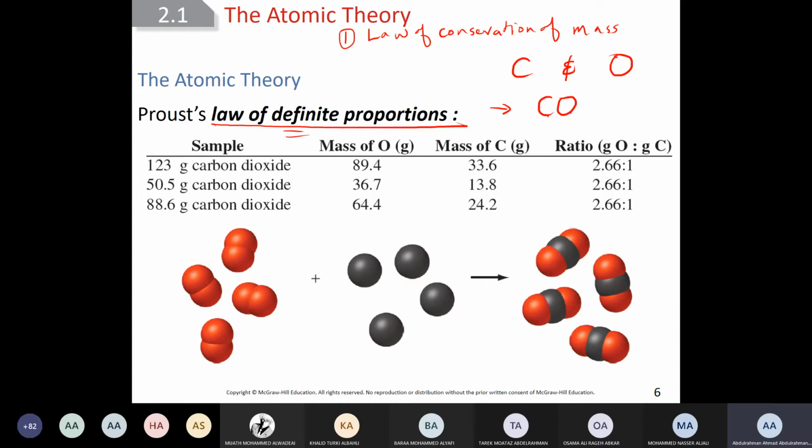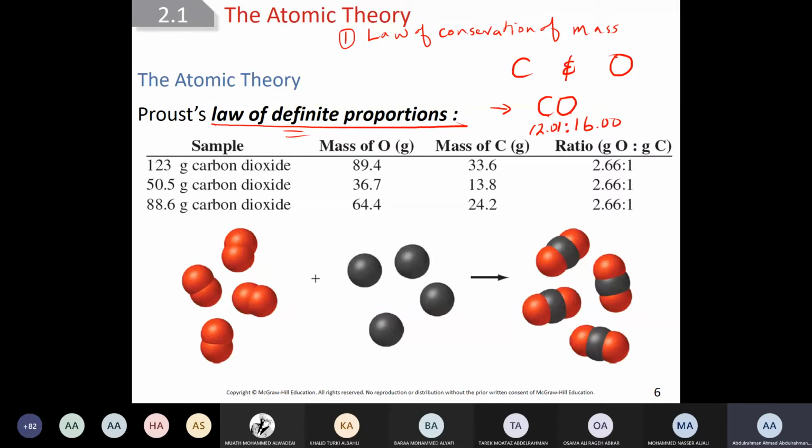What do I mean? What's the mass of carbon in your periodic table? 12.01. What's the mass of oxygen? 16.0. Now divide by the smallest. Divide by 12.01.